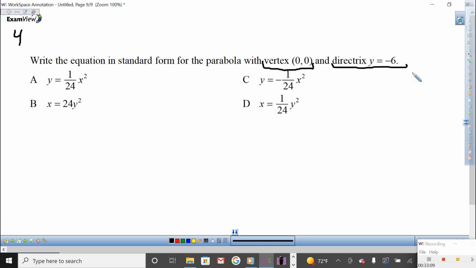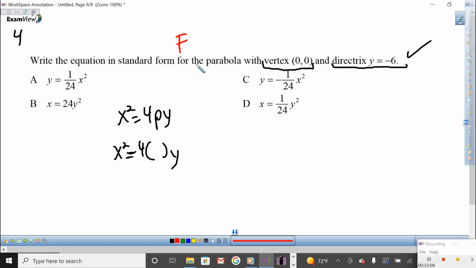So to get started, look at the directrix. Tell your neighbor what equation you're going to write according to that directrix. Yeah, x squared equals 4py. Is that correct? Then we got x squared equals 4 times something times y. Where do we get that something from? Tell your neighbor. The focus. That is correct.